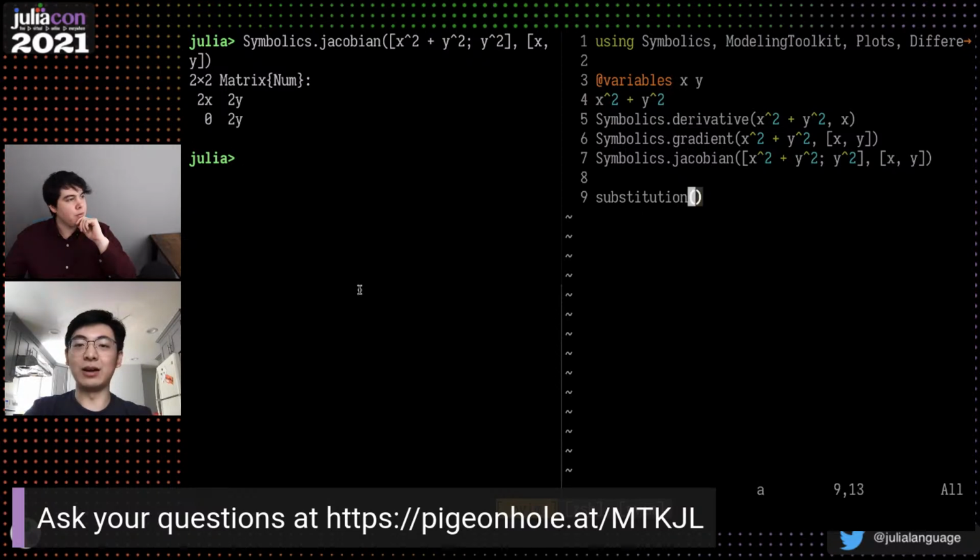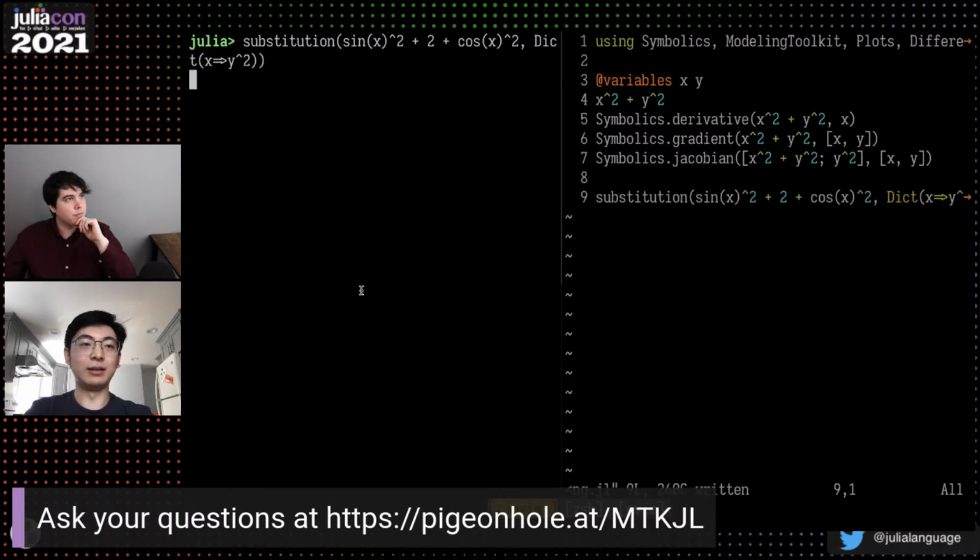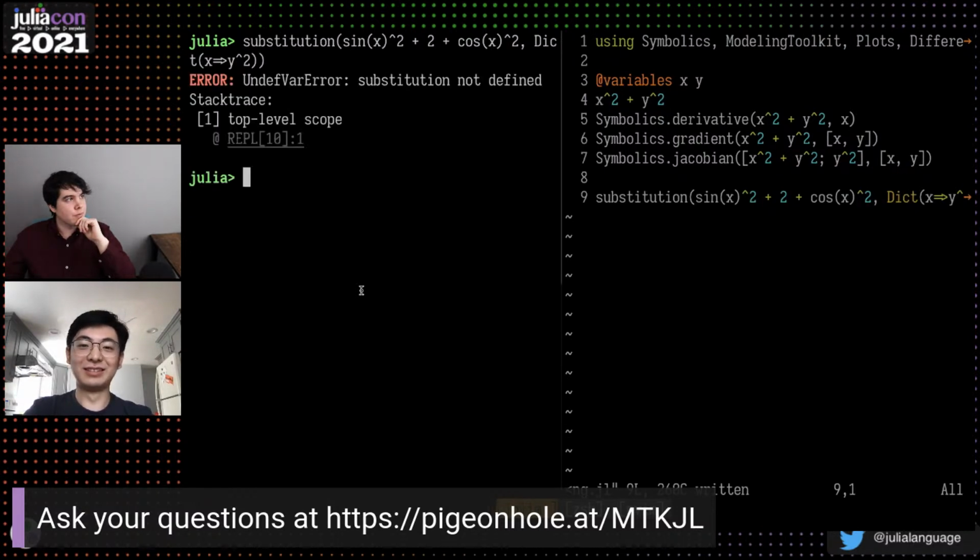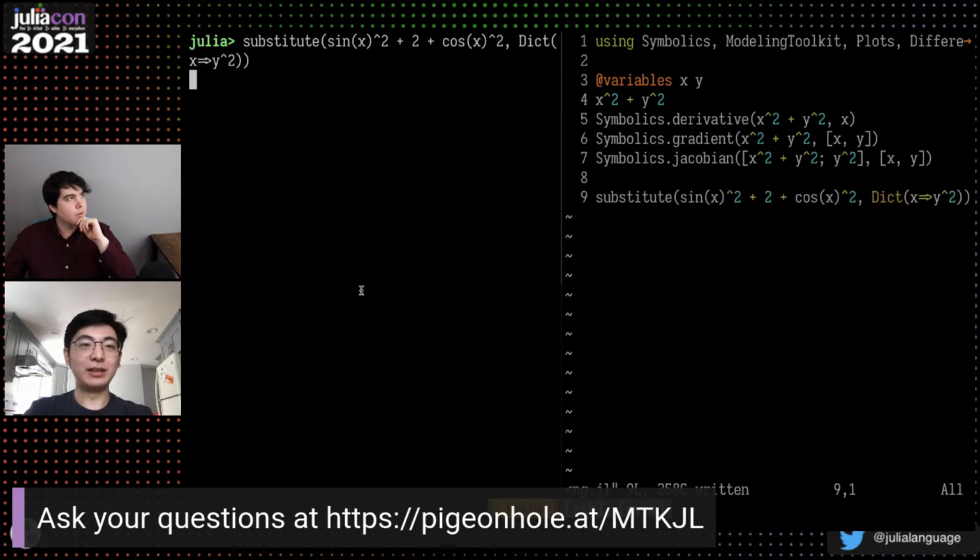So for instance, if we have sine of x squared plus 2 plus cosine of y squared, and then we replace all the x with y squared, then substitute, sorry. So you can use the substitute function to substitute all the x variables to be y squared.